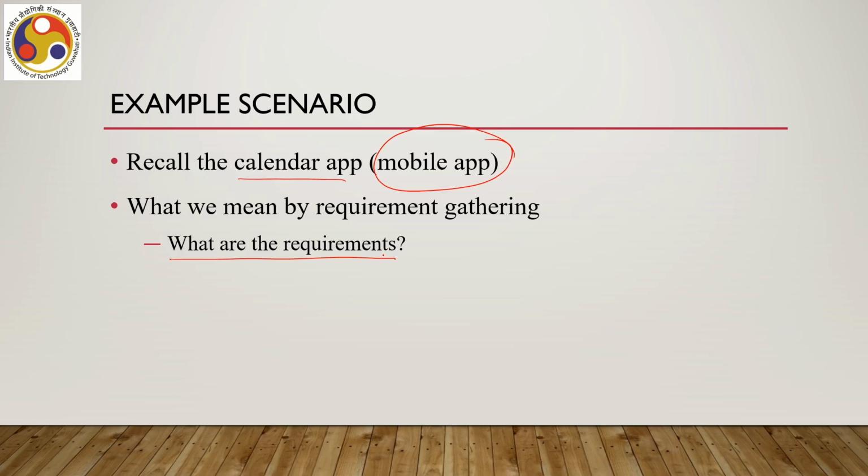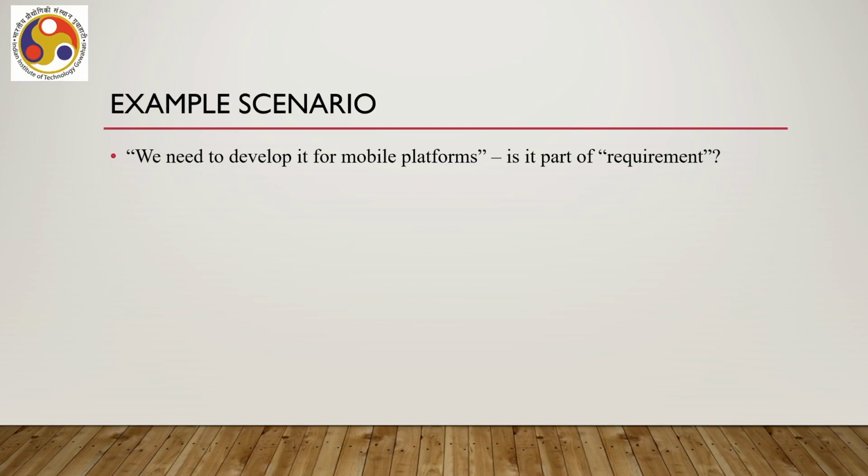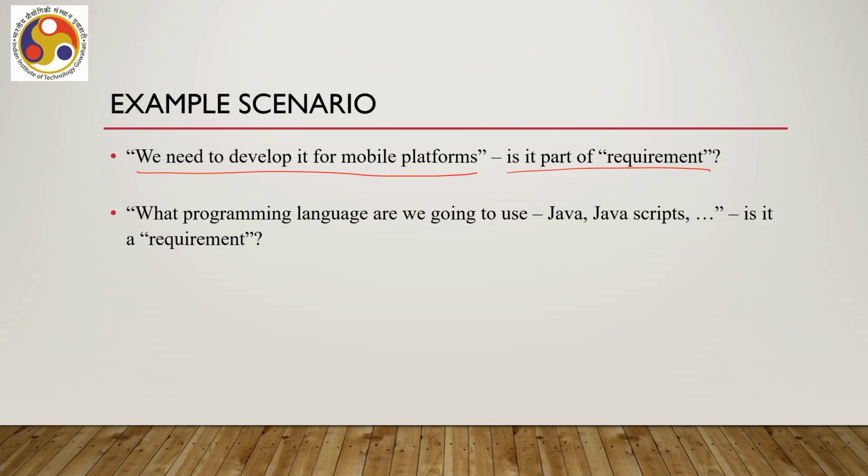If we are asked to gather the end user requirements, what potentially can be such requirements? If we say we need to develop it for the mobile platform, is it part of the requirement? If we say what programming language we are going to use, say for example Java or JavaScript, is it a requirement?